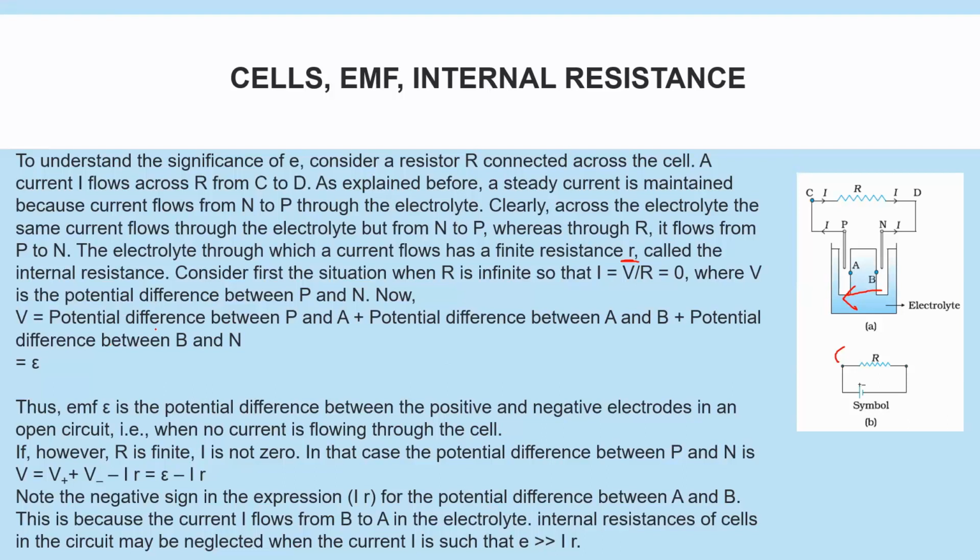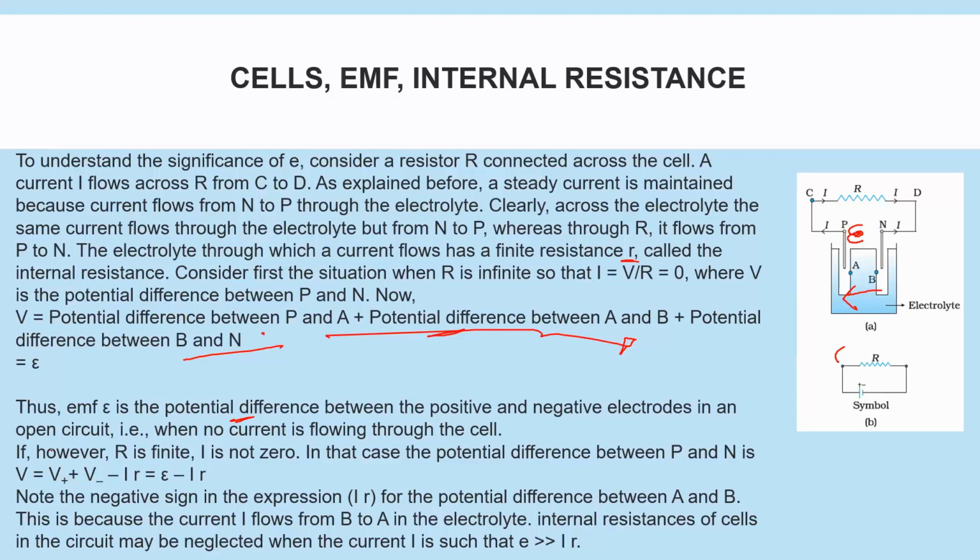So the potential difference between P and A, plus between A and B, plus between B and N, adds up to the total potential difference between the two electrodes, which, as we mentioned before, is the electromotive force or the EMF of the cell.